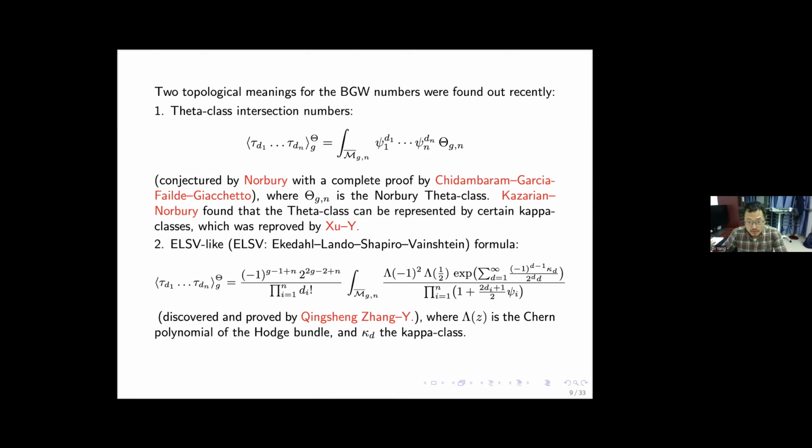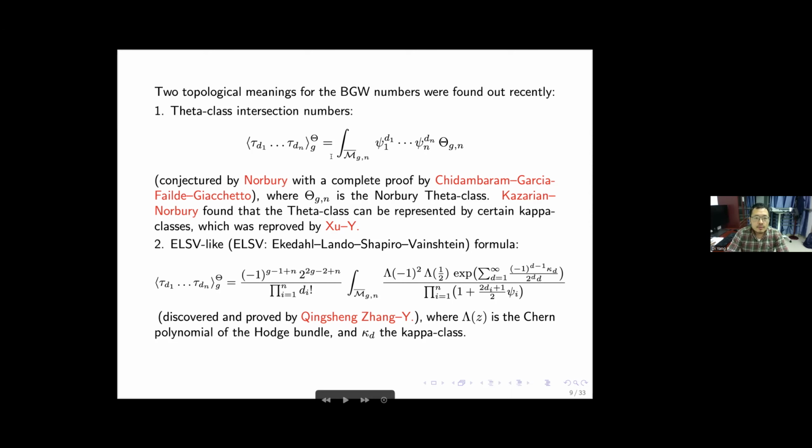For a long time, there was no topological or enumerative meaning for these BGW numbers, until recently. Two topological meanings for the BGW numbers were found. The first one is the so-called integrals of the theta class. These numbers are shown to be integrals over M_g,n bar of the theta class coupled with psi classes.